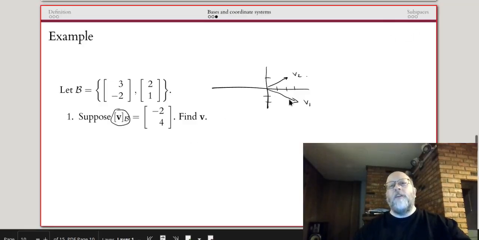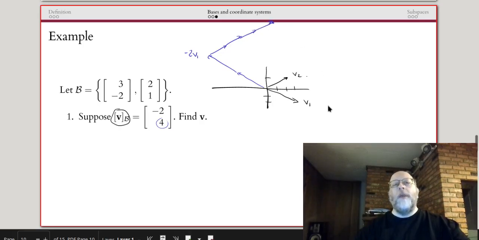And so that's the vector that we get if we take -2 copies of v1 and positive 4 copies of v2. So that's going to be 1, 2, 3, 4. What point do we end up with after we have done that? What are the standard coordinates of v?